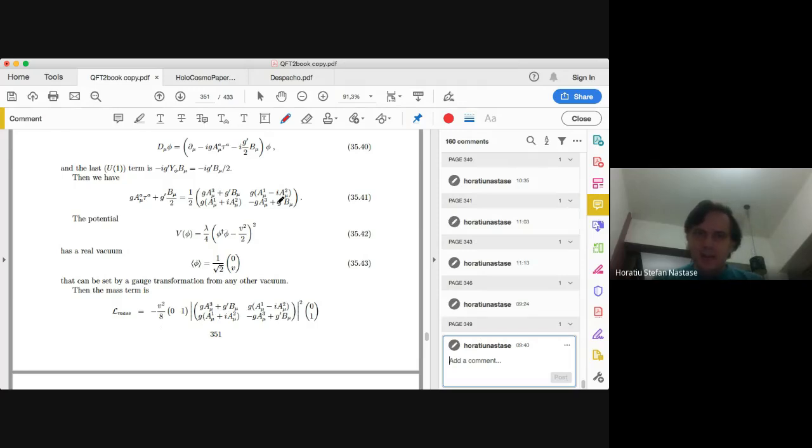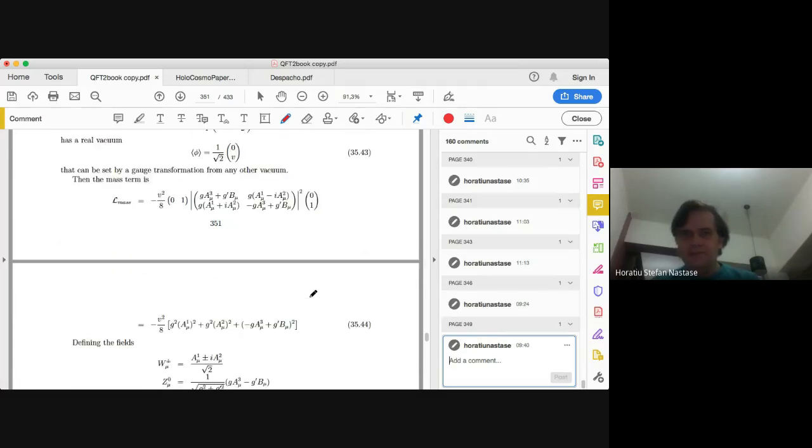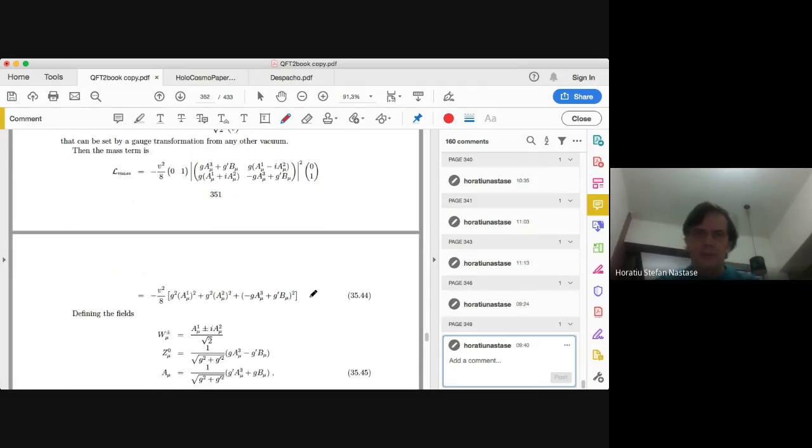And then I have this matrix modulus squared. So when you do the calculation, you obtain minus v squared over 2 times g squared A mu 1 squared plus g squared A mu 2 squared plus minus g A mu 3 plus g prime B mu squared.